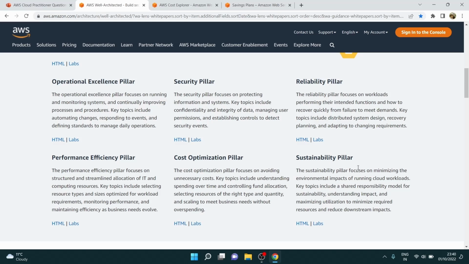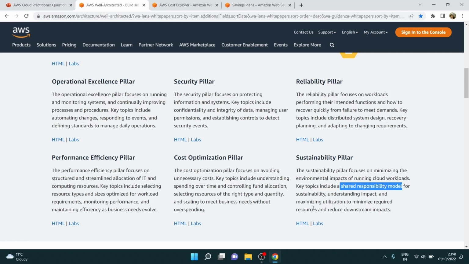Sustainability pillar. So sustainability pillar focuses on minimizing the environmental impacts of running cloud workloads. Key topics include a shared responsibility model. Guys, a shared responsibility model is very important for cloud practitioner, and also to know what are the customer responsibilities and what are the responsibilities of AWS.